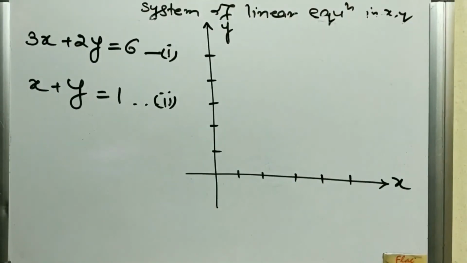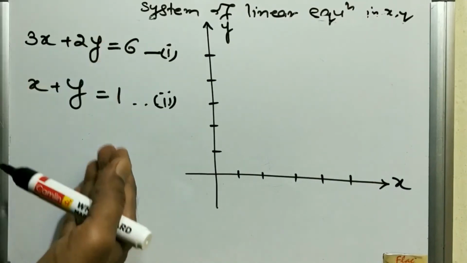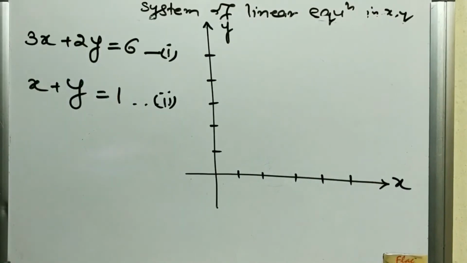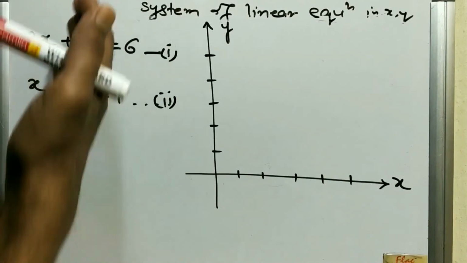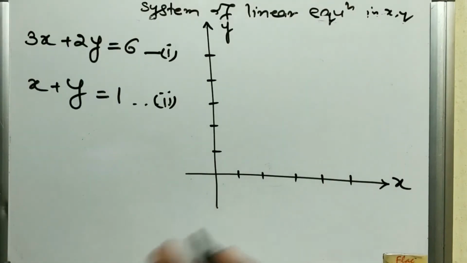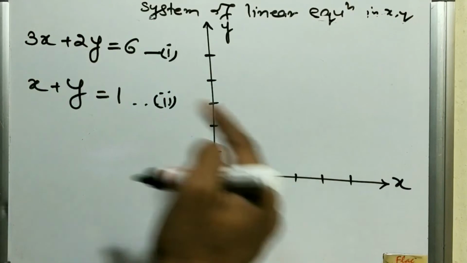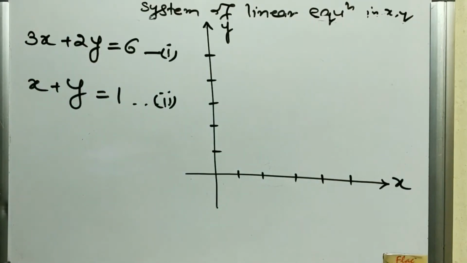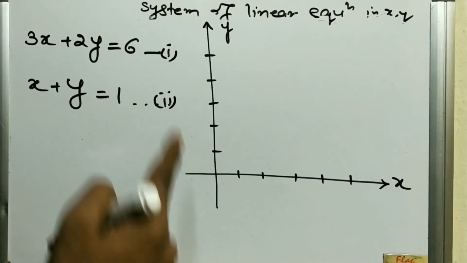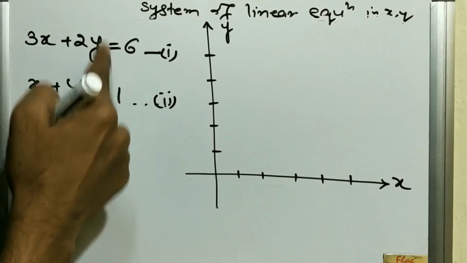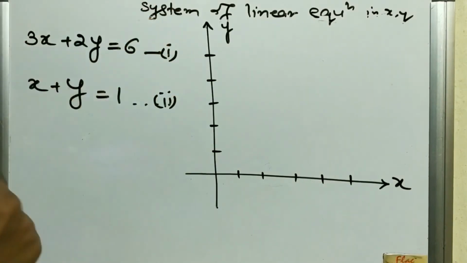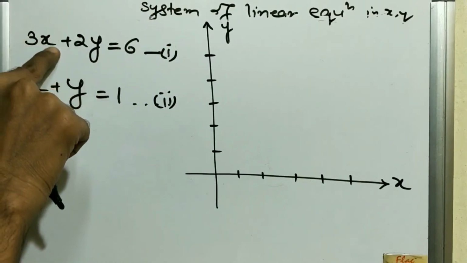Friends, let us suppose that a system of equations is given to us and we are told to find the solution of this system of equations by the graphical method. What we will have to do is first plot both the straight lines on the xy plane and find the point of intersection of these lines. For plotting the first line, we will find 2 points lying on this straight line.